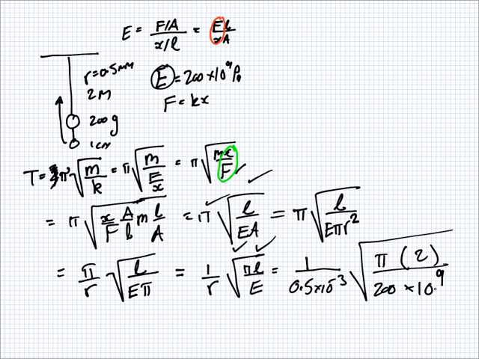Okay, so that's the time, whatever that calculates out as. Should be a very small number. 1 over all this or times? 1 over the radius multiplied by the root part.